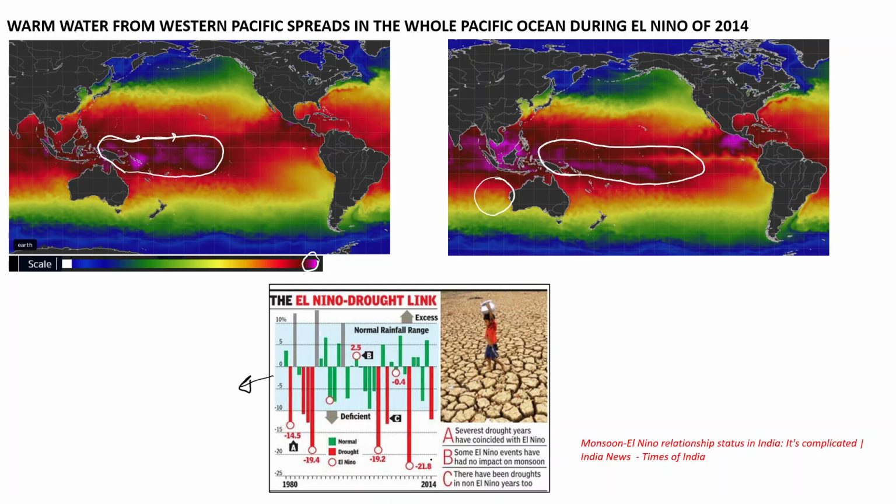These circles represent El Nino years. See this red color, it is drought El Nino. This is again El Nino. Then this is drought El Nino, drought El Nino. Now there are of course some El Nino years where there was deficient rainfall. It happens, there are a few examples where the El Nino had no impact on monsoon.